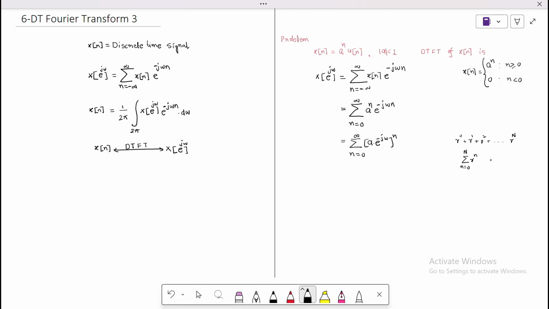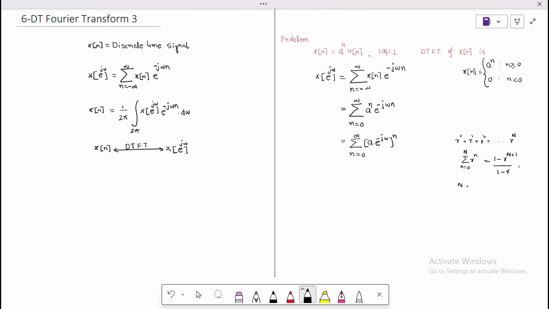So up to n, capital N, that is equal to the sum, equal to 1 minus r to the power of n plus 1 by 1 minus r. The condition, r must be... sorry, not for that.